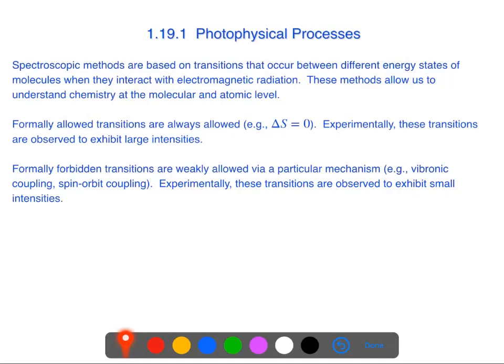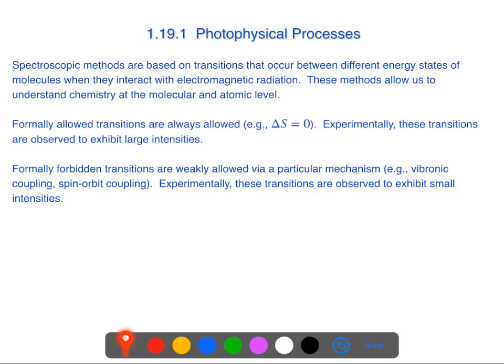We have what's known as formally allowed transitions and formally forbidden transitions. Formally allowed transitions are always allowed. Experimentally, these transitions are observed and often exhibit large intensities. For example, if the change in the total spin quantum number between two electronic states is equal to 0, we consider these formally allowed transitions.